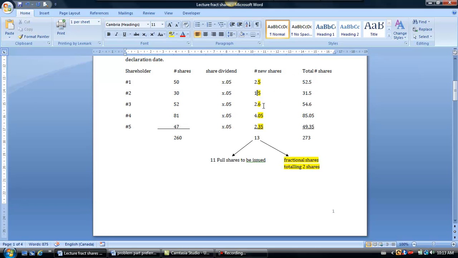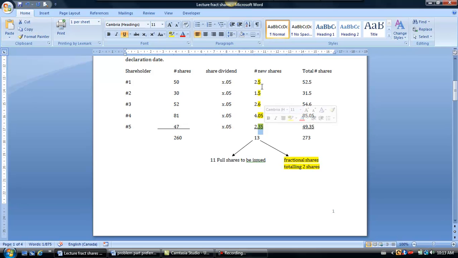And if you did the math on the rest of them, 0.6 times 34 would give you $20.40, and this 0.05 would give you $1.70, and this 0.35 would give you $11.90 if you multiplied that by $34.